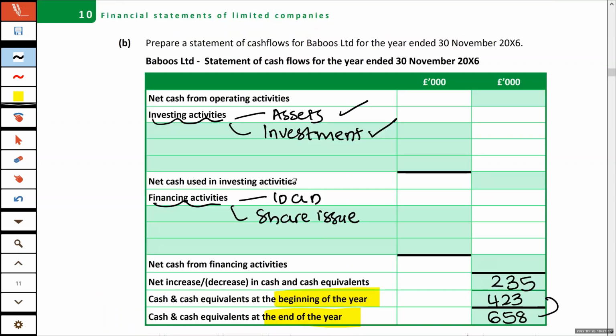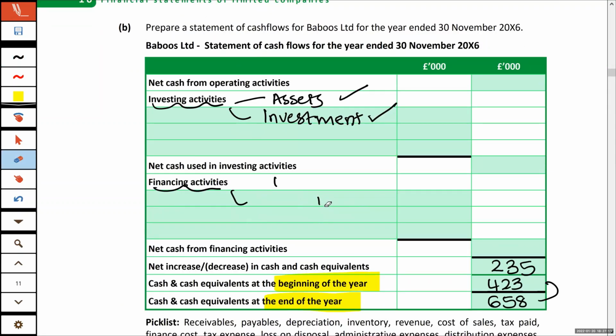Therefore, loan is part of my financing activity. So I'll put in there, loan repaid. And remember, that's a loan that I have repaid. So money going out, 200.